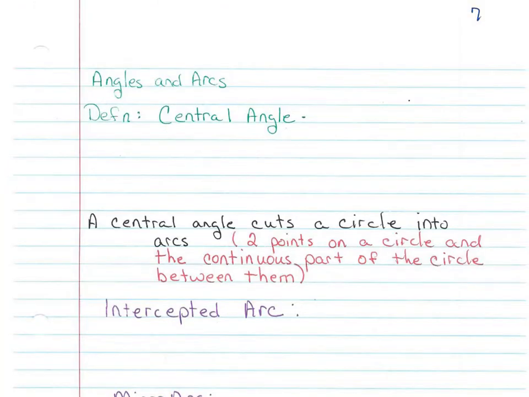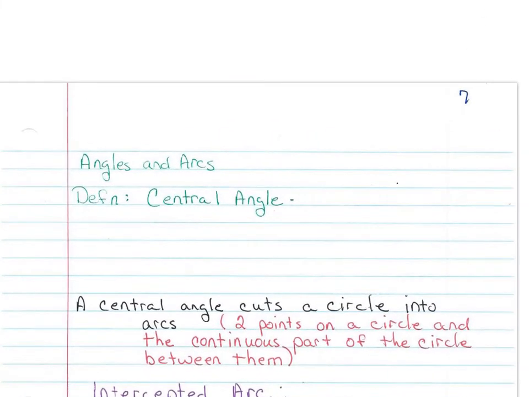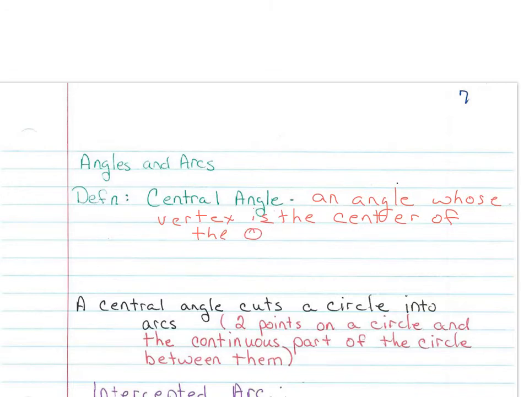A central angle is an angle whose vertex is the center of the circle, and its sides are the radii of the circle.